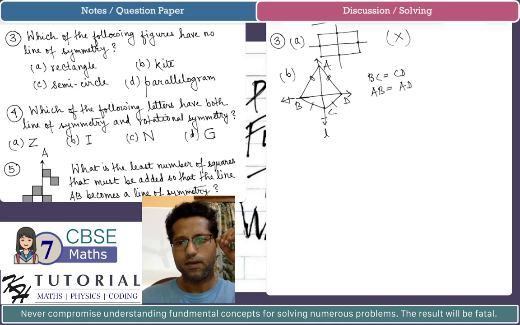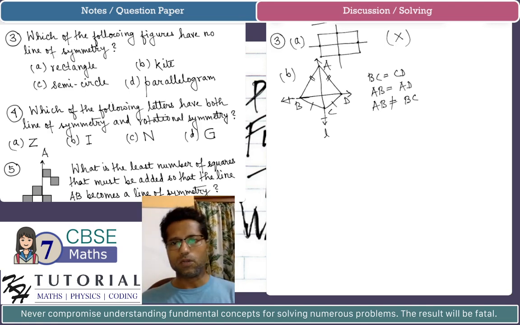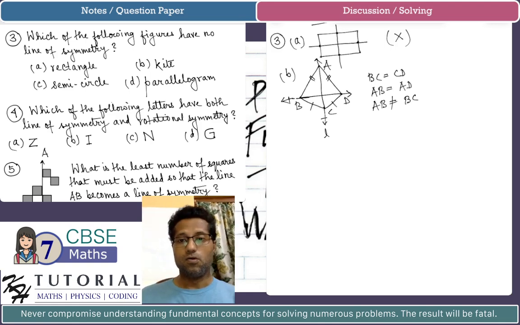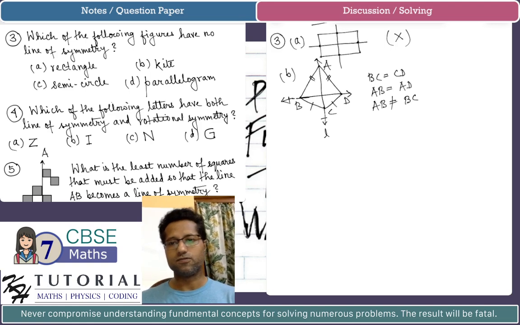Also, AB is not equal to BC, so one has to be larger. That will make one diagonal longer. So the longer diagonal is actually the line of symmetry for a kite. So this kite has one line of symmetry.